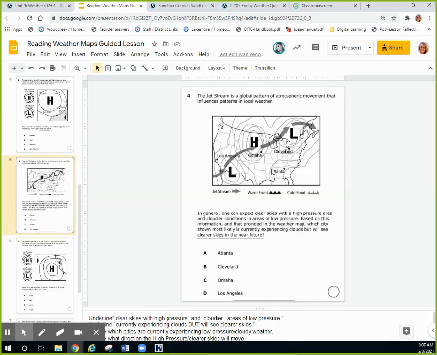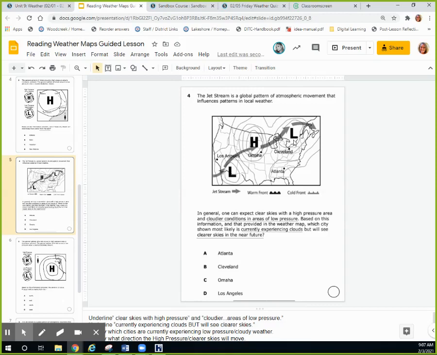So we analyzed our map. We identified Los Angeles is experiencing some cloudy weather. Omaha in the upper Midwest is experiencing clear skies due to this high pressure system, and Cleveland is experiencing clouds due to this low pressure system.